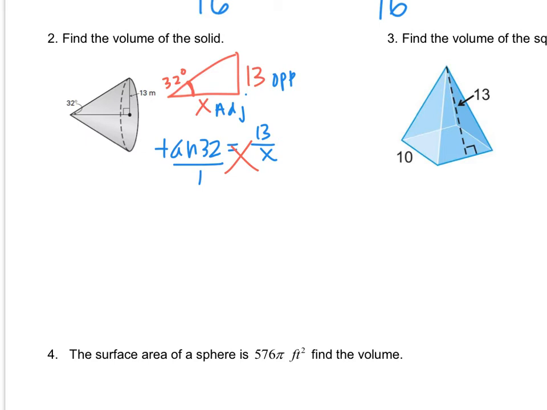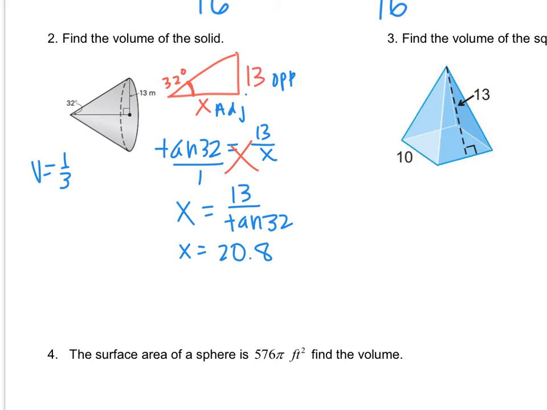Cross multiply, and we get x, and I'm skipping a couple steps here, but equals 13 over tan 32. And x equals 20.8. So now I know the height, I know the radius, I can just plug that in to my volume formula.